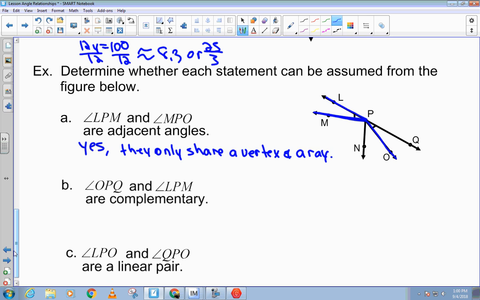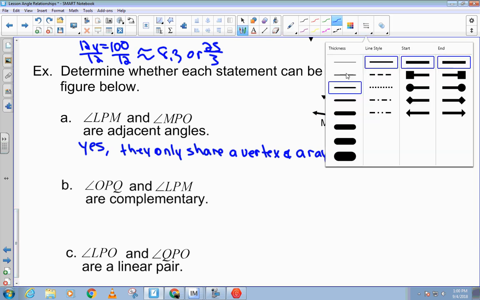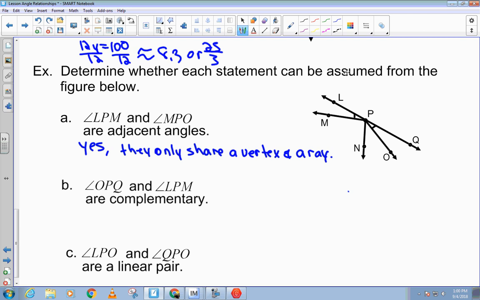Okay, the next one. OPQ and LPM are complementary. Some say yes, some say no. What do we know about those two angles? They're congruent, right? But do we know what their measures are? They could both be 30, couldn't they?